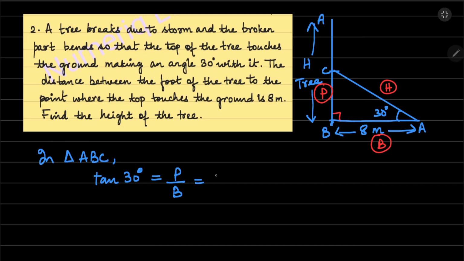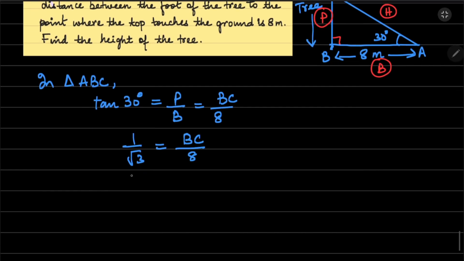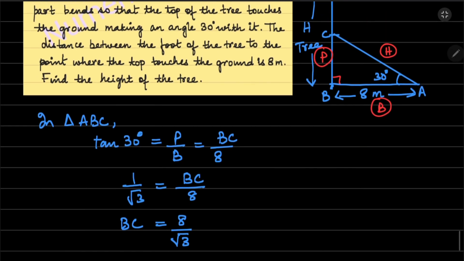Perpendicular, we don't know. What is your base? It is 8. What is tan 30? 1 by root 3. So 1 by root 3 is equal to, instead of P, I'll write BC by 8. So cross multiply, you have BC is equal to 8 by root 3. Let us keep it as it is.